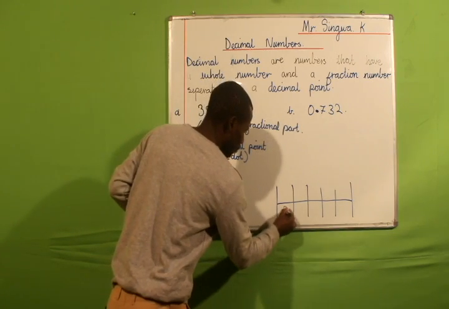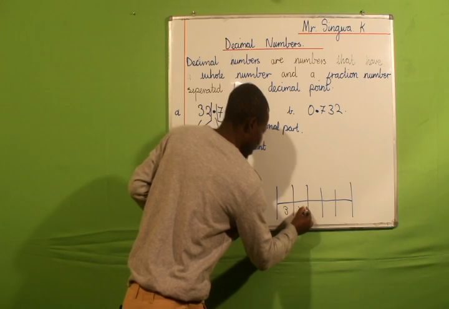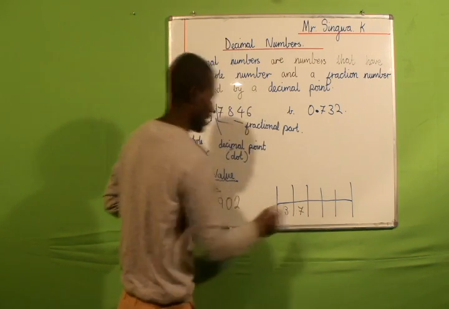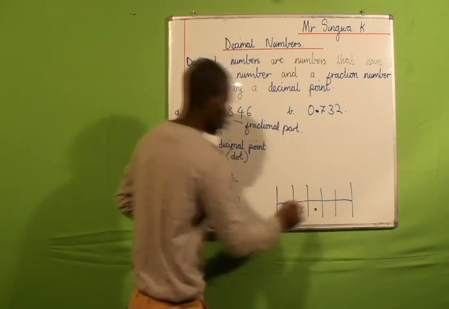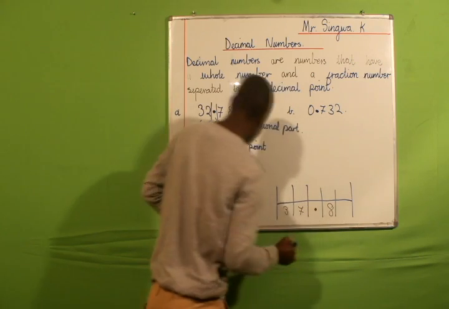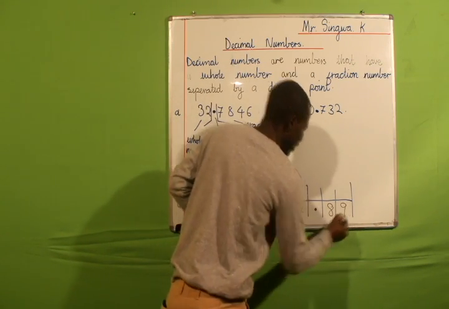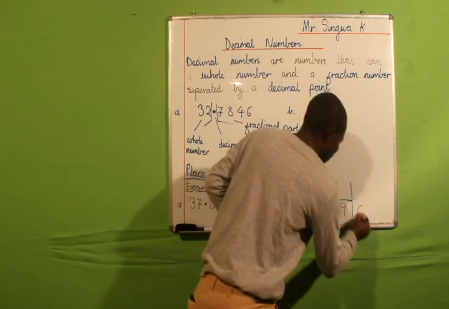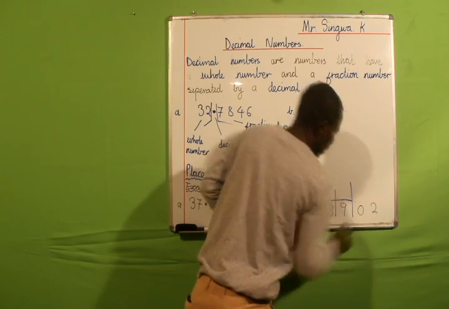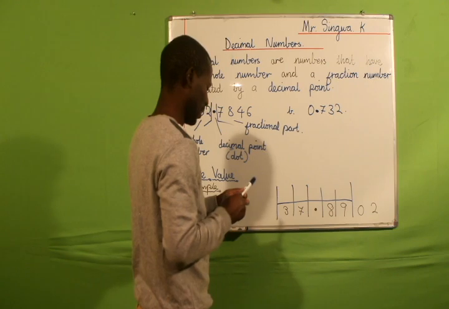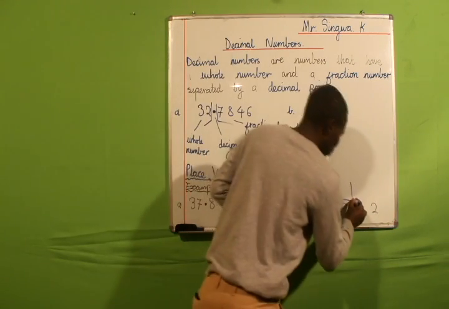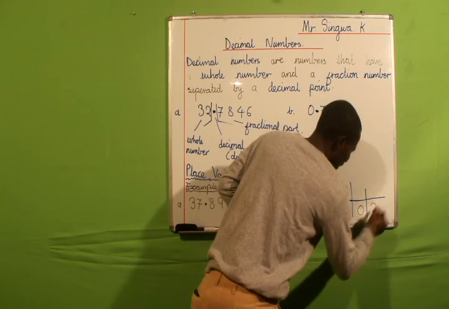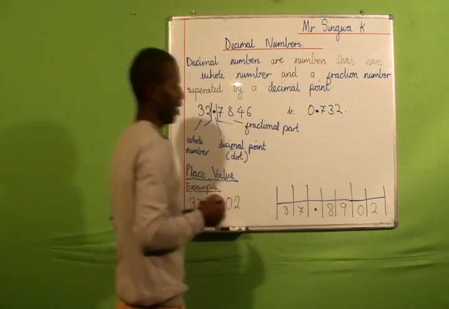Probably we may have 3, we may have also 7. A decimal point should also occur in there. You also have 8, you also have 9, you also have these other figures like 2 as well as 0 there. And when you have something like this, please don't worry, I can still extend up to there.